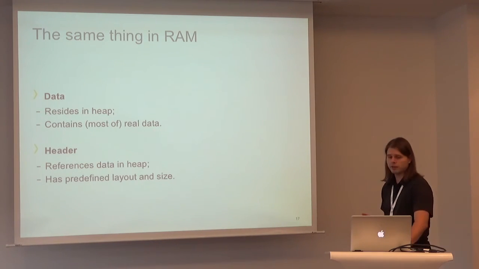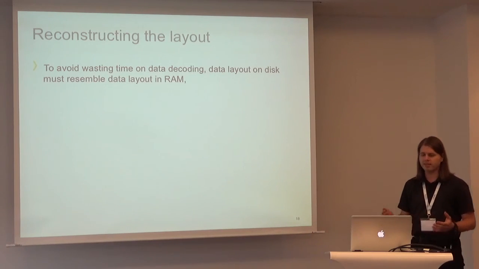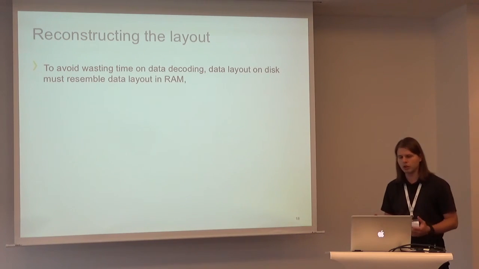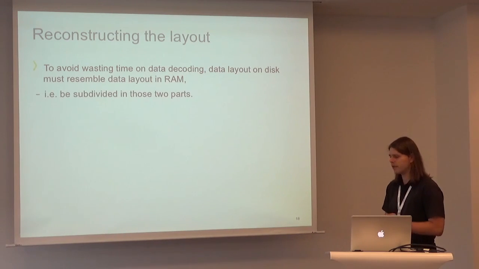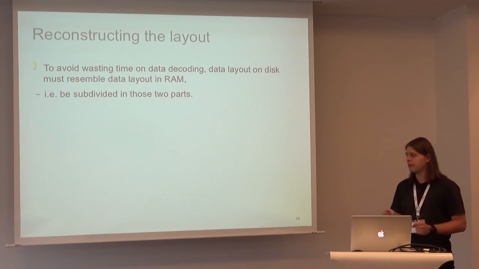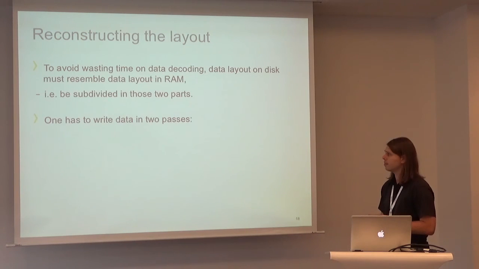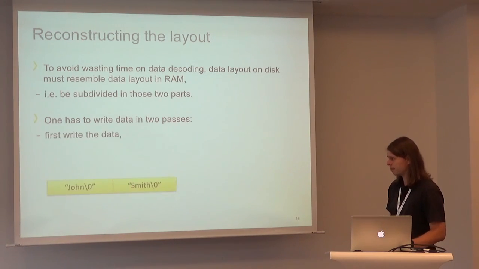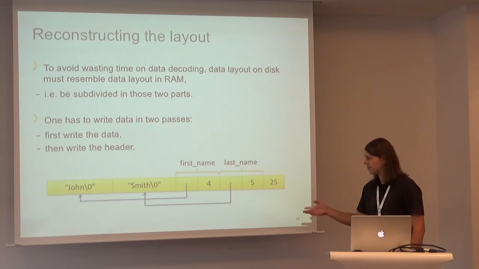So if we want to avoid wasting time decoding, we must reconstruct the same layout when laying out bytes in our file. So everything in our serialized file should be subdivided into those 2 parts as well. So we need to write things twice. First, we need to write the real data. And second, we need to write the header part referencing that data.